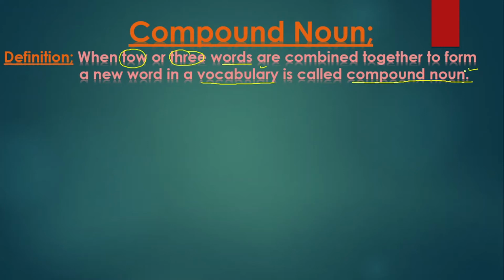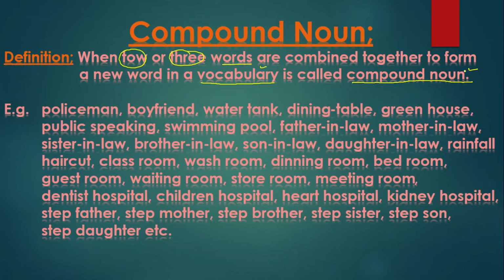Now let's take a glance at the examples. See, you can write compound nouns in three methods. One, you write two words together, like policeman. Or with the help of hyphen.